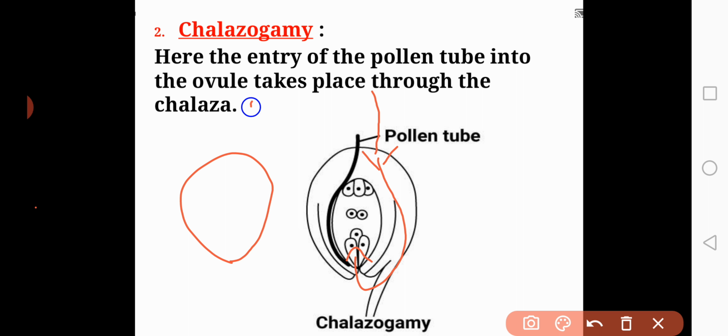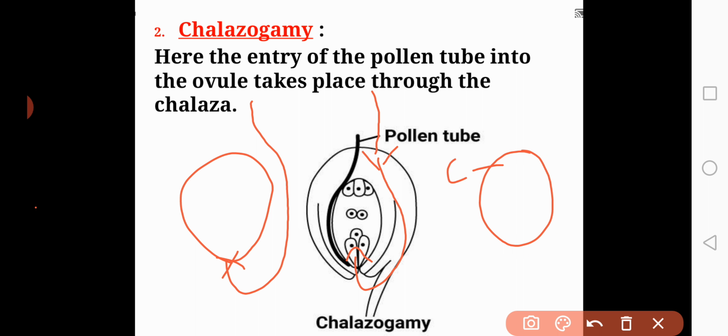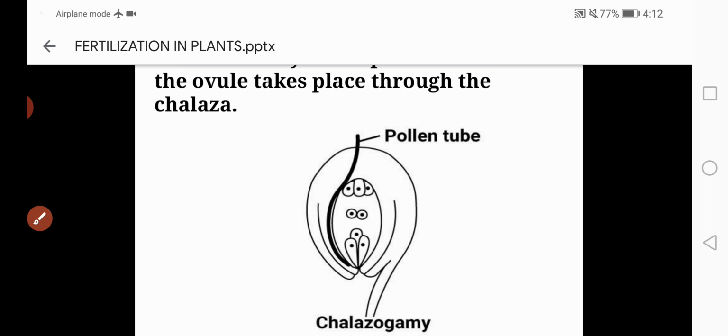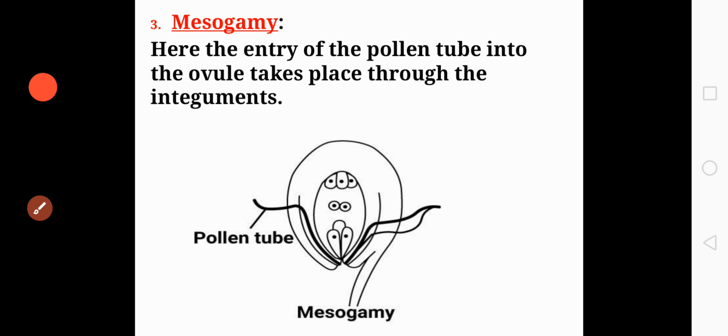The pollen tube enters the ovule through the micropyle itself. Whereas during chalazogamy, this is the chalazal portion. The pollen tube enters the ovule through the chalaza and finally it enters into the embryo sac. Understood? So this is the second type of entry, and the third type is mesogamy.